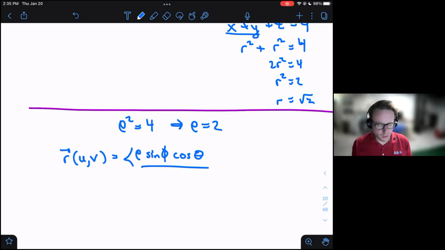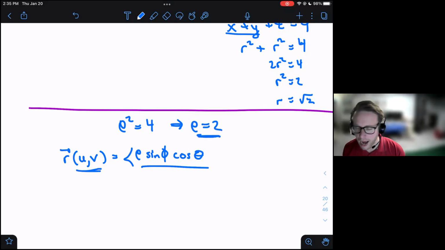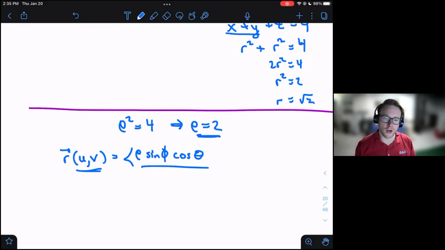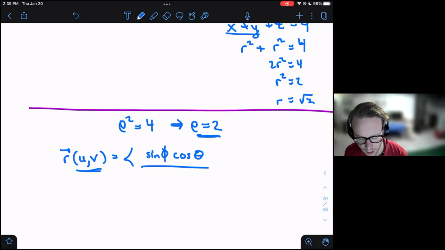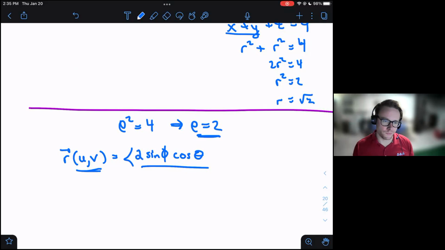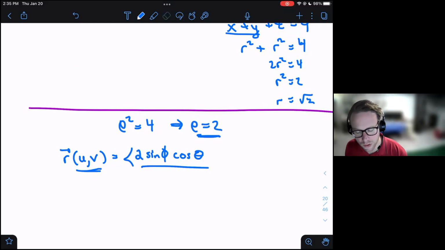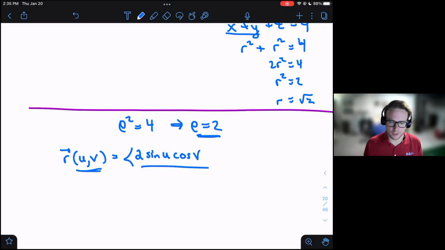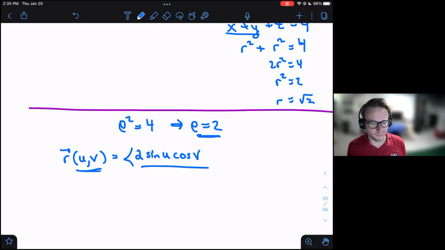Notice we have 3 variables, but we only have 2 parameters, u and v. Luckily, because we are on the surface of the sphere, rho has to be equal to 2. So instead of rho, I'm going to put a 2. For u I'm going to use phi, and for theta I'll use v, just because that happened to be the order that I wrote it in.